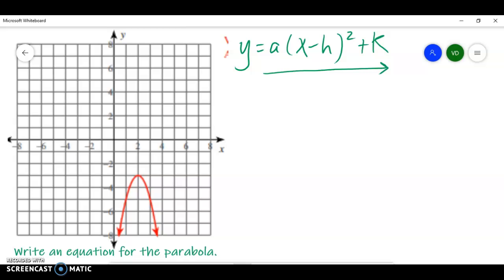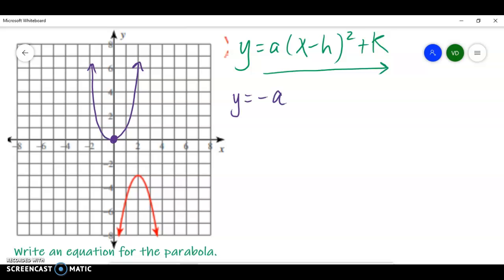So the first way is to notice where your vertex started and where it finished. It started here. I obviously flipped it at some point, right? Because now it's facing down over here in red. So I know that the A value should be negative because a negative sign is what flips it.